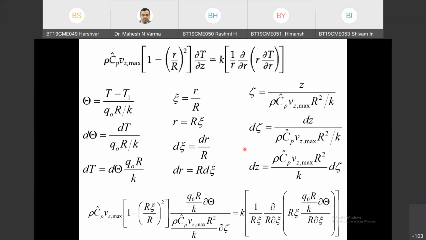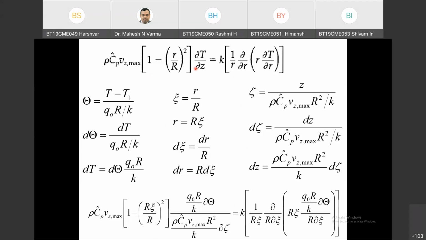Rearrange this equation; this is making it dimensionless. Why are we doing this? Just to eliminate the complexity we expect while solving the mathematics of the equation.